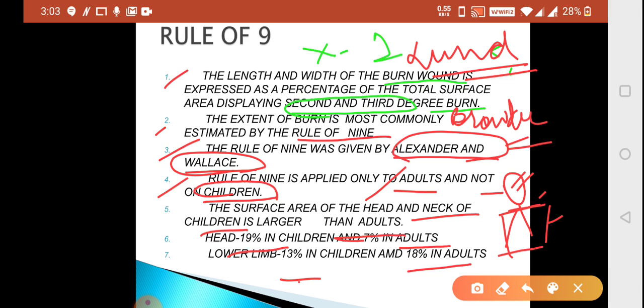So the surface area of the head or the caudal part is not the same in adult and children. That's why a different chart is there for children and different for adults, because in children the cephalic part is more, caudal is less, and in adults the cephalic part is less and caudal is more. So that is why in children it is the chart by Lund-Browder, and in adults it is the rule of 9.